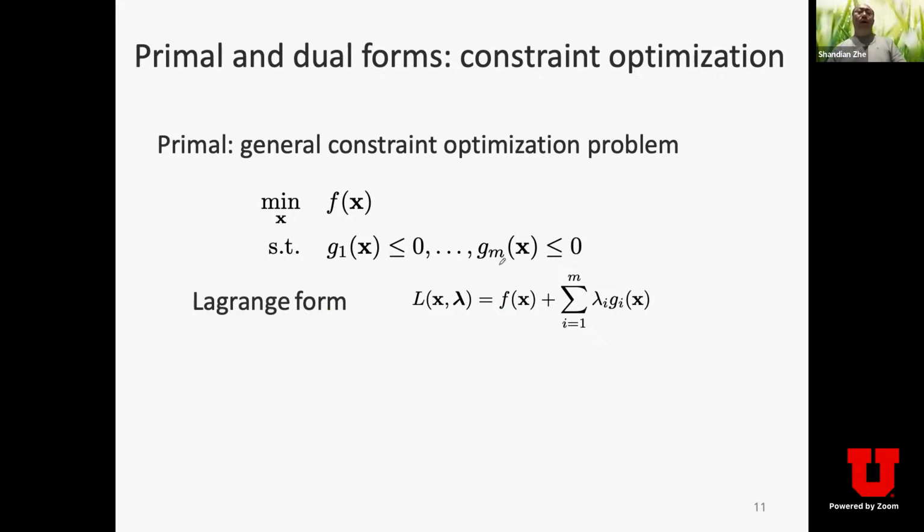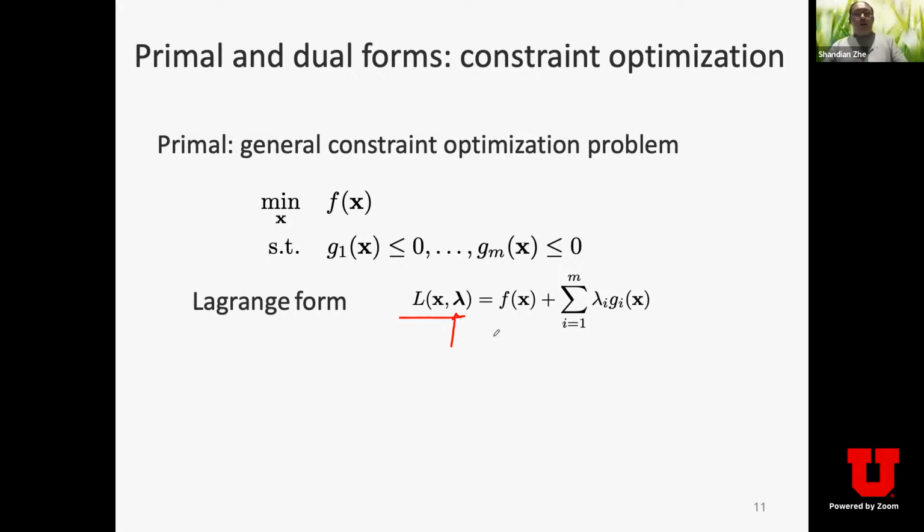I'm sure you have seen this form before, but now we're talking about it in a more general sense. We can construct another function, which is not only a function of x, but also a function of a set of lambda values. We call lambda the Lagrange multipliers.